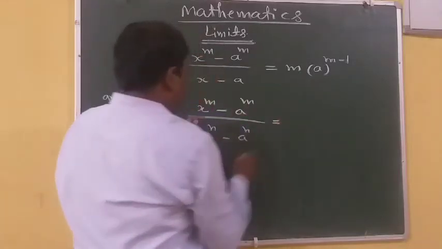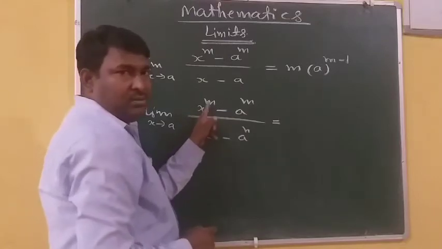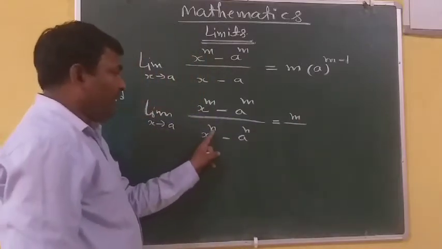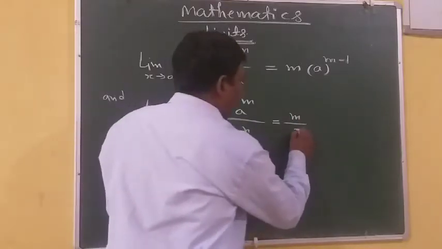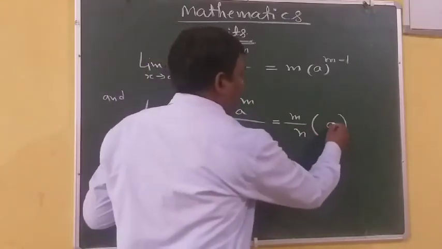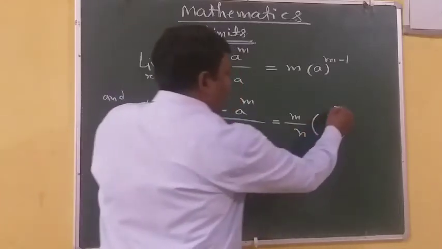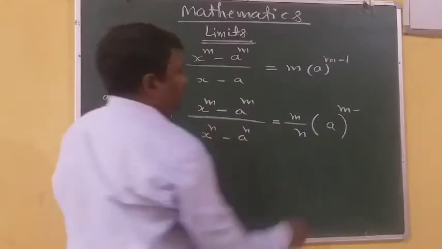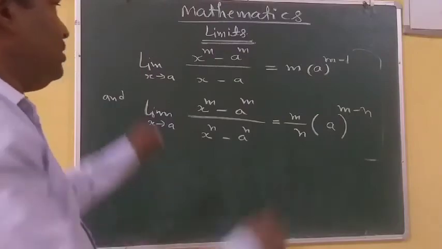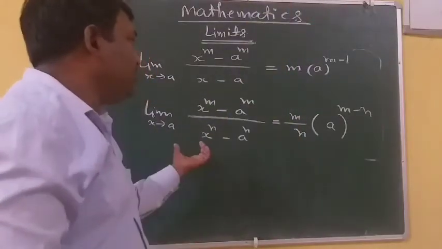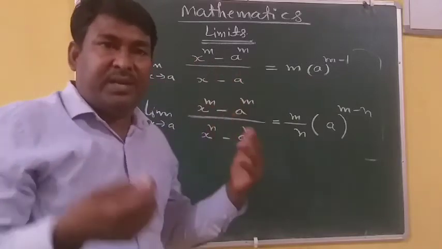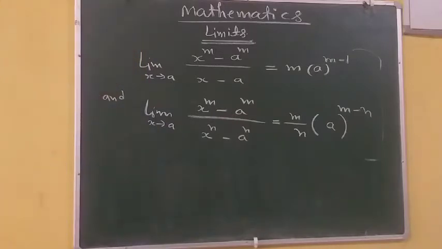So it will be like whatever the power of the variable in numerator, that power divided by the power in denominator, and whatever limit tends to, that is a, power numerator's power minus denominator power. So these are very standard results that you have to use. Sometimes many objective questions may come directly based on these relations. Some numericals I am just taking for the sake of simplicity.